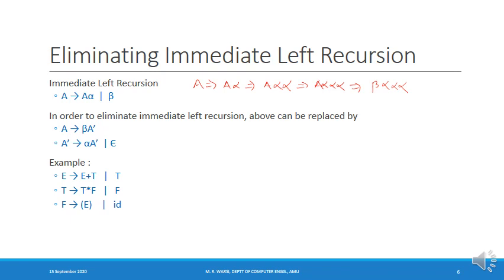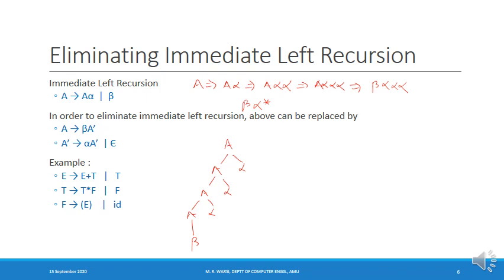This grammar is accepting a string which is beginning with beta followed by 0 or more alpha. If I construct the derivation tree, it looks like this. Capital A derives A alpha, capital A derives A alpha, capital A derives A alpha, and now I am replacing A with beta. So this is the parse tree for the string beta, alpha, alpha, and alpha.